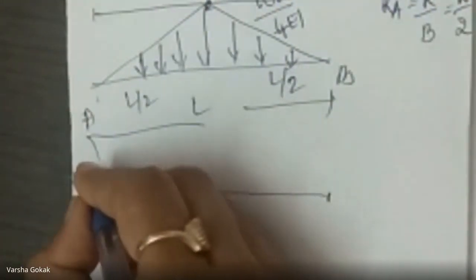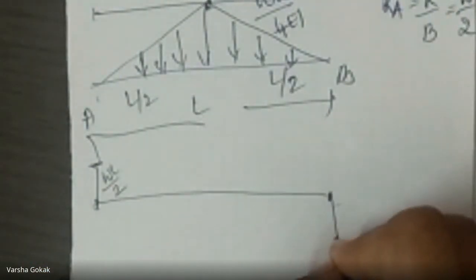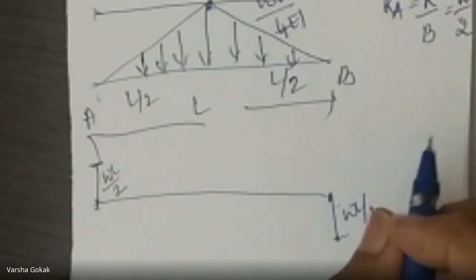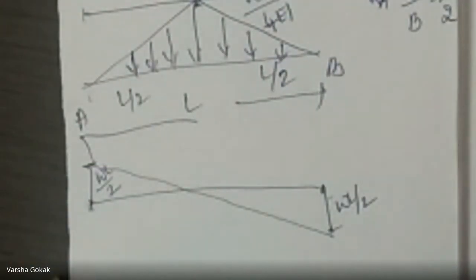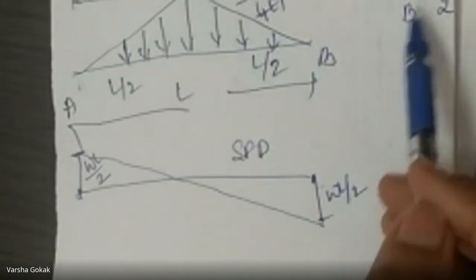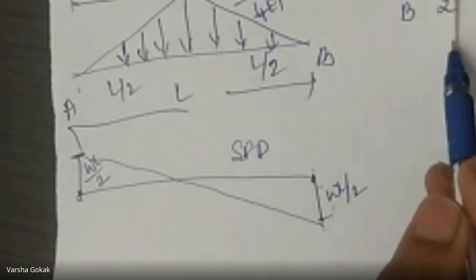When I draw the shear force diagram, at point A I'll have W by 2. At point B also I'll have W by 2, and then I join these two. This is nothing but the shear force diagram. Ra is plus W by 2, Rb is minus W by 2.